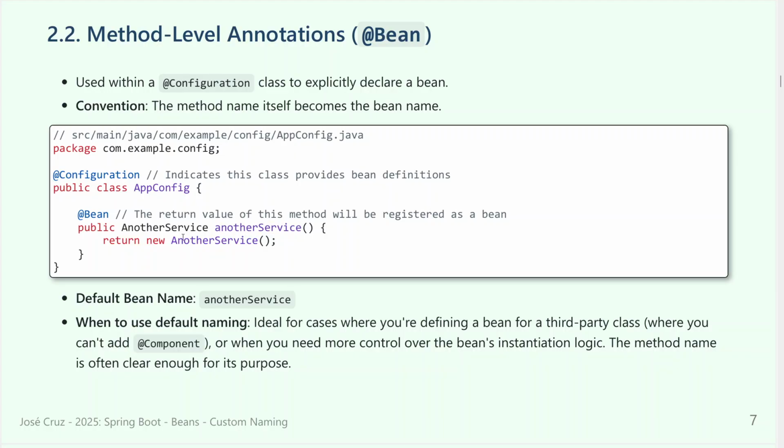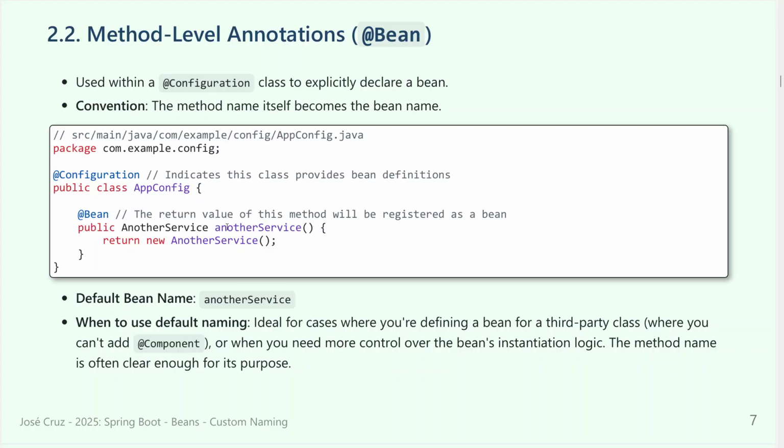Again, usually with a lowercase first letter, but it's common in Java for methods to be lowercase, so usually it's not an issue. But sometimes people think, okay, it's the name of the method, so if it's capitalized, it will be a different scenario. Remember that Spring Boot always likes to lowercase the first letter.